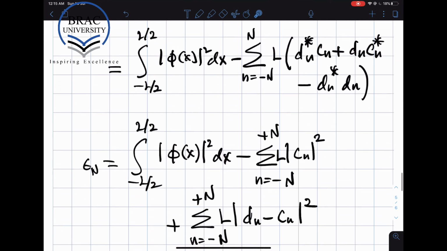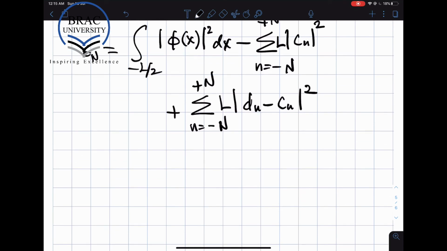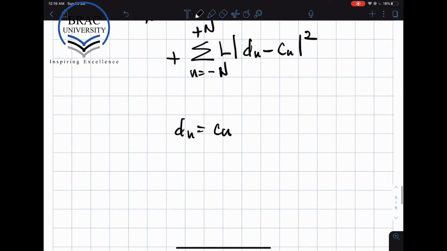So we can see that this error function is minimized if dn is equal to cn, because this is a squared term. This goes to 0, and the other terms remain unchanged. So if we choose dn to be equal to cn, we see that en is minimized in the sense of the least square.